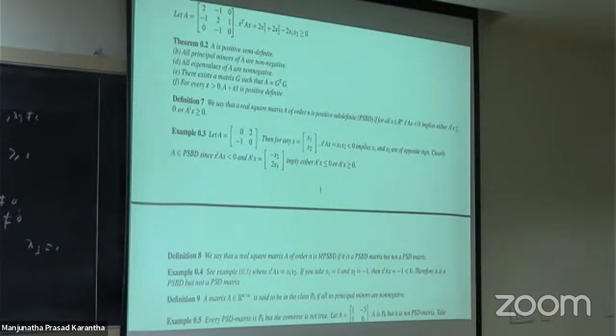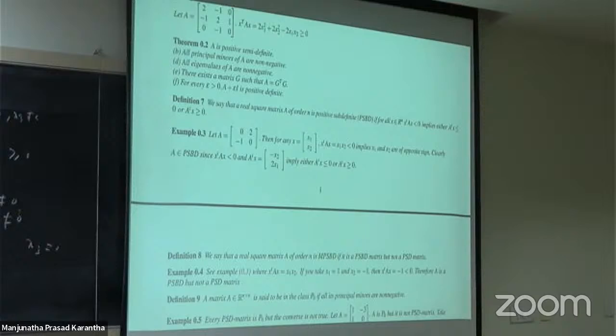If x1 is greater than 0 and x2 is less than 0, it has to be positive for all x. But that is not so. So it cannot be PSD or PD. So now you have to check whether it is PSPD or not. And it is not a symmetric matrix either.